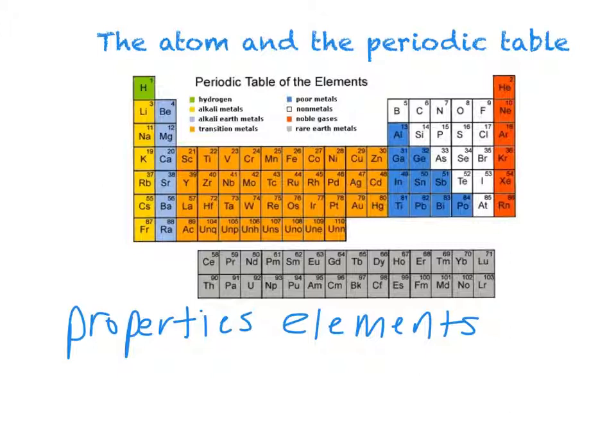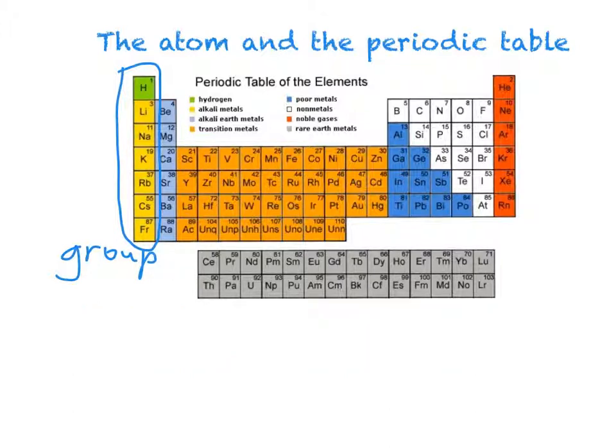Vertical columns, so this vertical column is called a group, and another name for that group is a family. And these are all grouped by their properties.